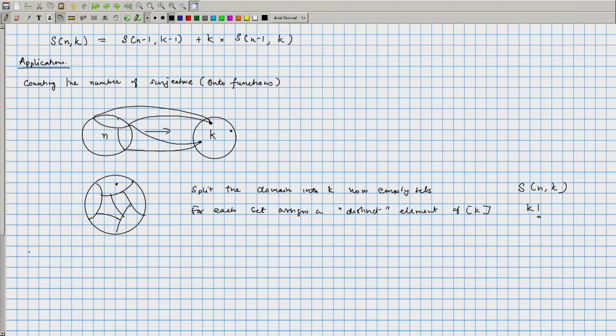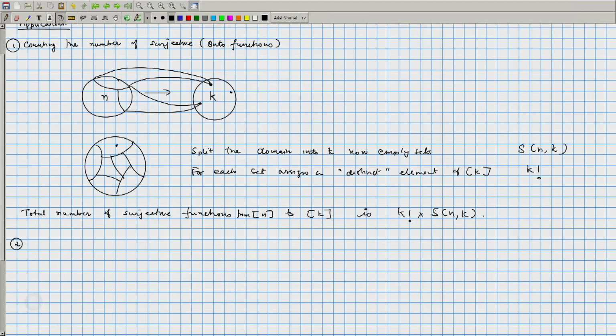So, the total number of surjective functions from n to k is k factorial times S(n, k).